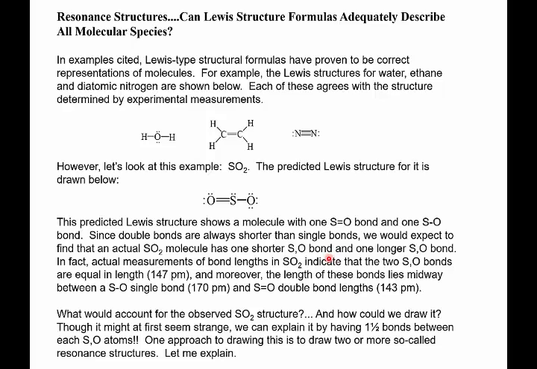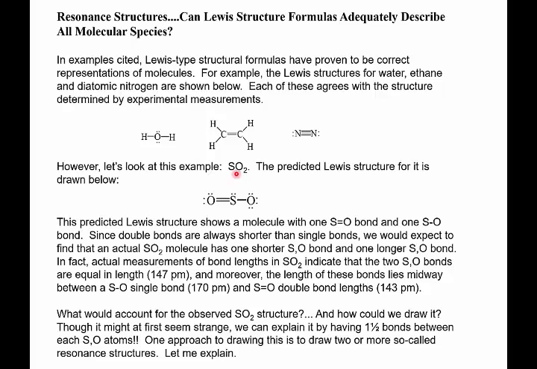Here's a problem. In the actual SO2 molecule, we don't see two different length bonds. We don't see a short and long bond. We see two bonds that are equal in length. The observed structure shows two SO bonds.